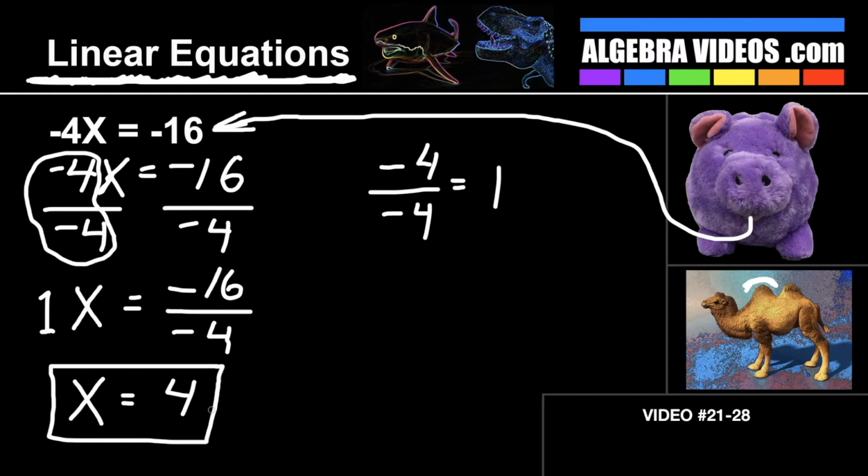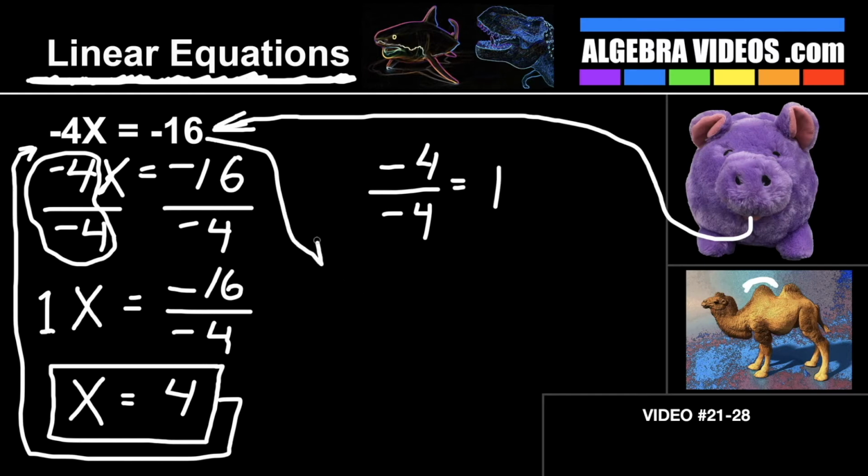Or if we want to be A students and make absolutely sure we didn't make a mistake somewhere, we can plug this number 4 back in to the original equation, the original problem, and make sure that it holds true. So let's try that. I'm going to just rewrite the original equation down here. So negative 4 times x equals negative 16.